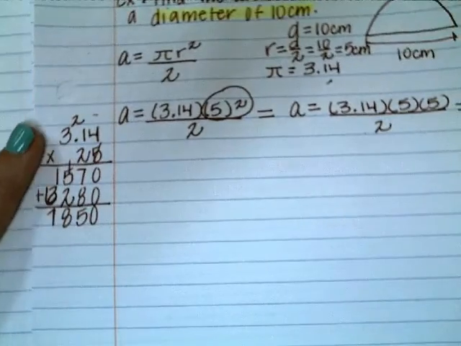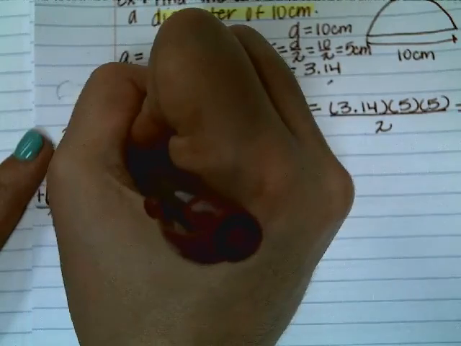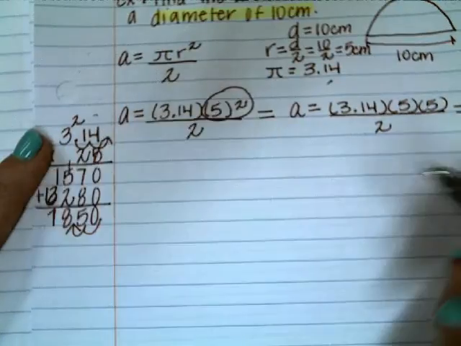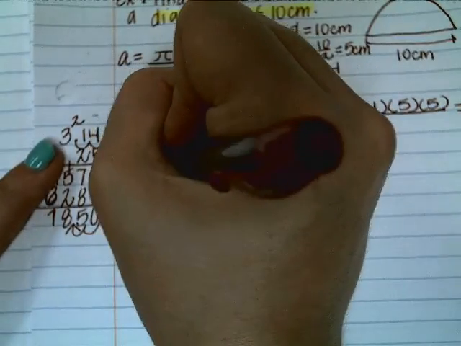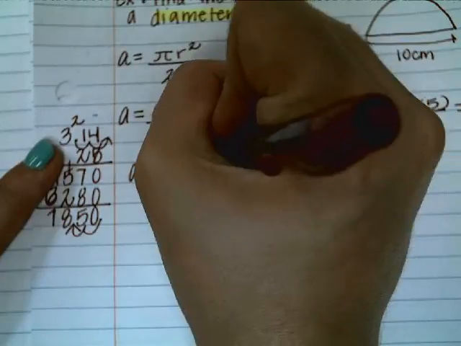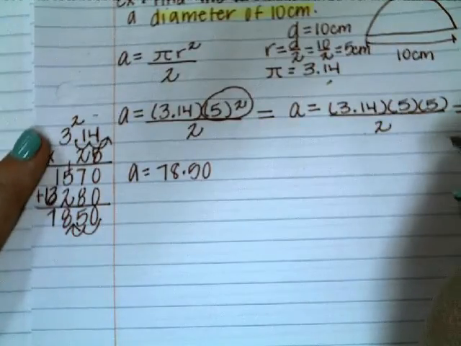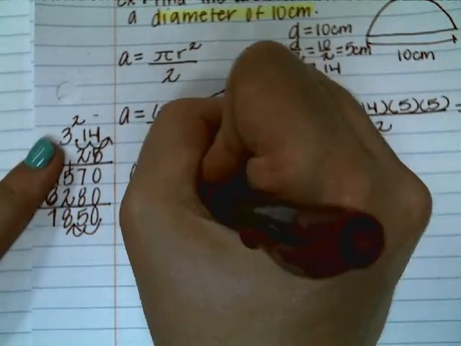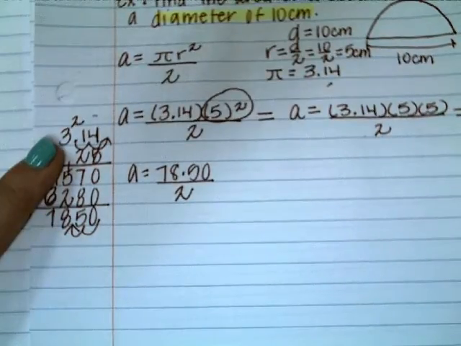I have 2 decimal spaces. And so my area for an entire circle would be 78.5. But I'm not finished because since I'm talking about a half circle, I need to divide it by 2.